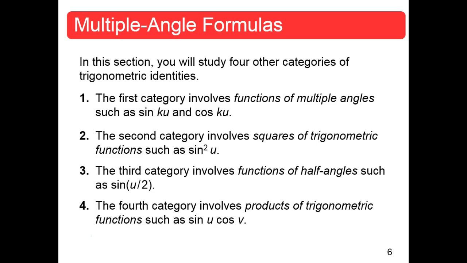So, let's start with our multiple angle formulas, and guess what? You already know them. Almost, but close enough, okay? In this section, we'll study 4 other categories of trigonometric identity. The first category involves functions of multiple angles, such as sine of ku and cosine of ku, where you have multiple angles, not sum or difference of angles.